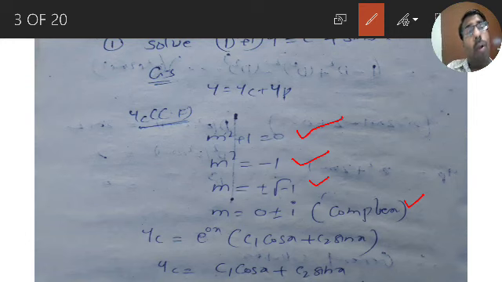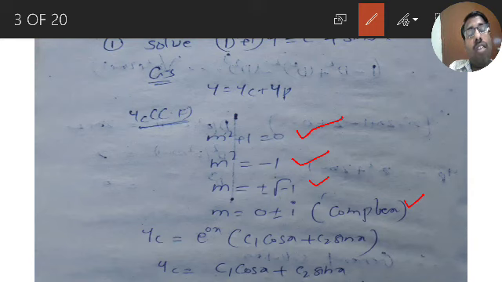We know the formulas for when the roots are real and different, when the roots are real and equal, and when the roots are complex. Depending on the nature of the roots, you can write the solution. So what is yc? Since the roots are of the form alpha plus or minus i beta, yc is e power of alpha x into c1 cos beta x plus c2 sin beta x.